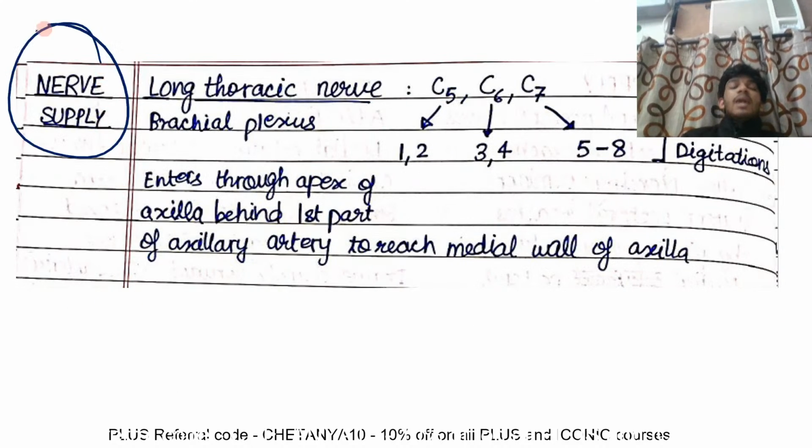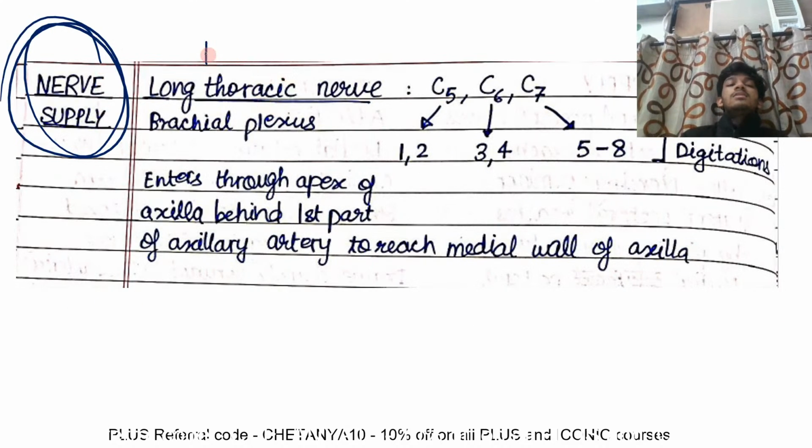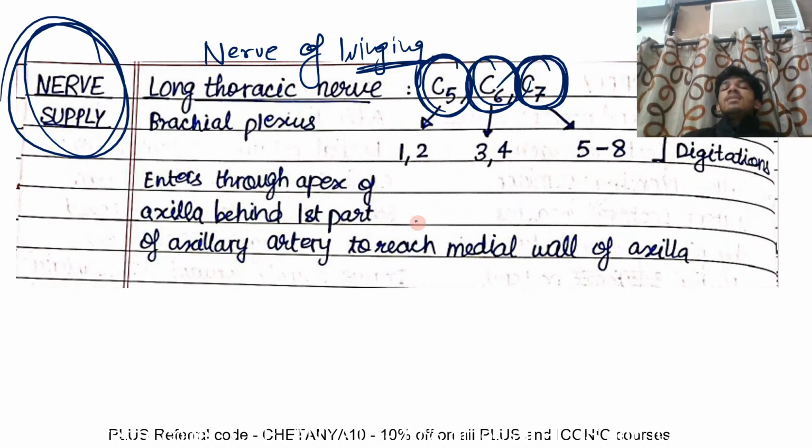Nerve supply is by the long thoracic nerve, also called the nerve of Bell. Its root value is C5, C6, C7.